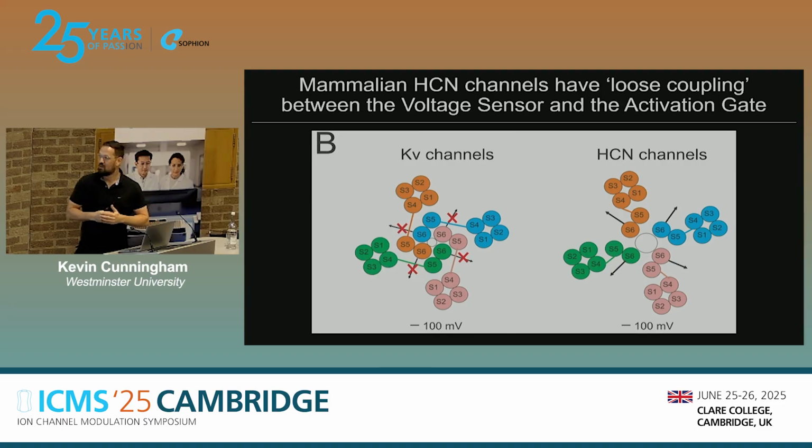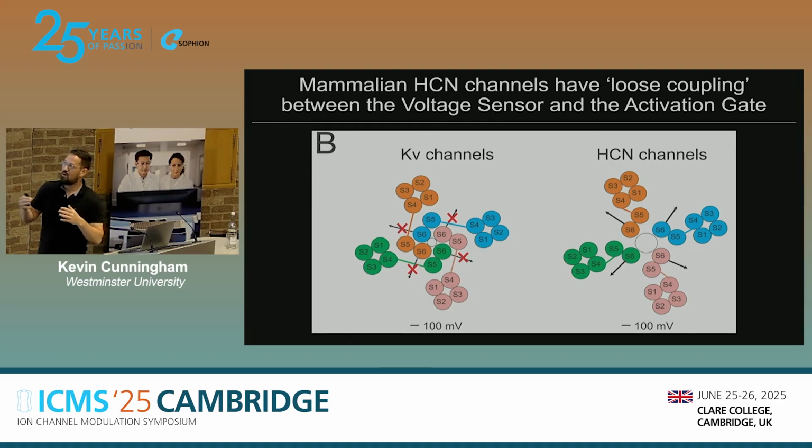And we put it down to this S4, S5 linker, so you get domain swapping with the classical channels, and we crudely say, or think, that at hyperpolarized potentials there is a steric block to prevent the S6 from opening, which with the shortened S4, S5 in HCN, is able to do that.